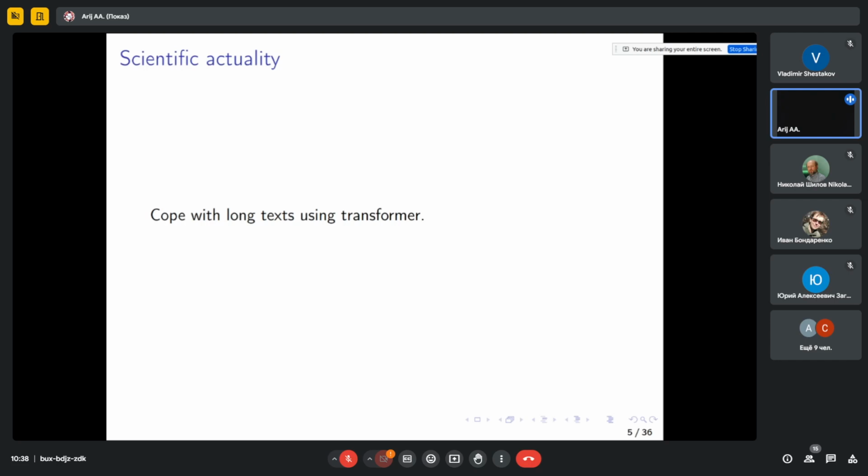So, the scientific actuality of the work, as explained in the previous slide, is that long input is nowadays very common, and we need to leverage the transformer's state-of-the-art results in processing long inputs. From this, the scientific actuality of the work is concluded.